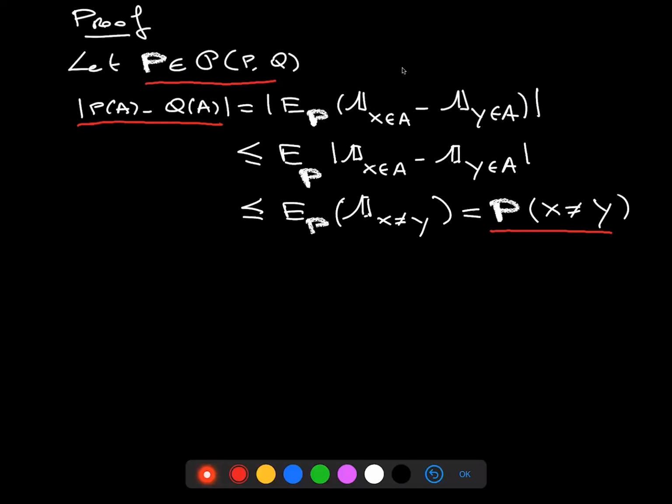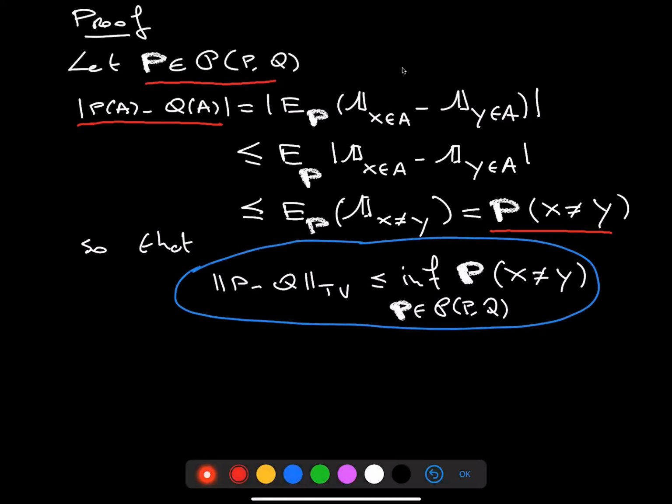And this is true whatever the coupling. So this means that the total variation distance is always less than the transportation cost. And now we have to build an optimal coupling. Since we have stated that it was a minimum, you have to build explicitly the optimal coupling.